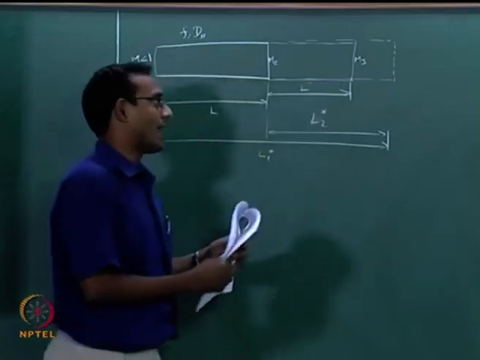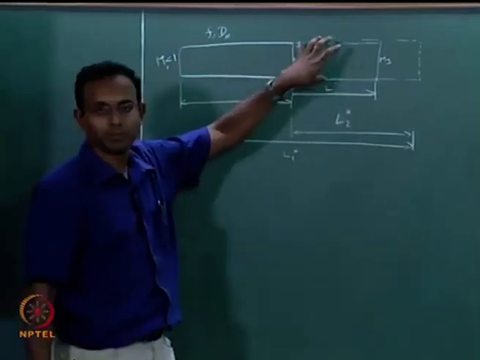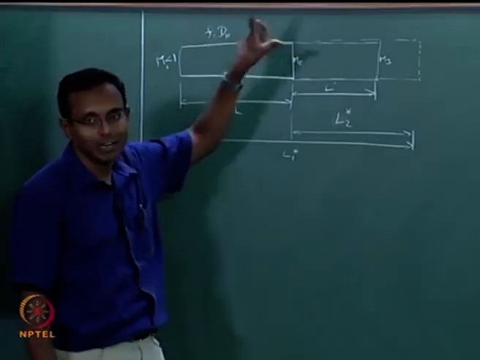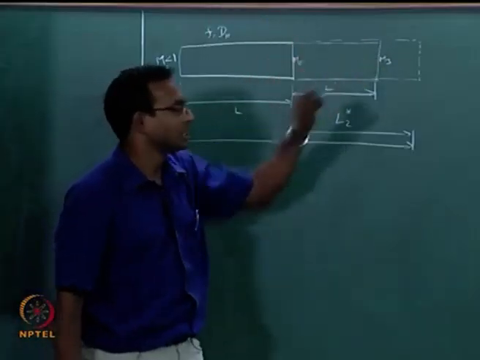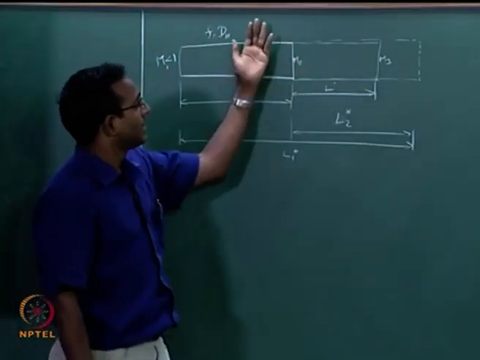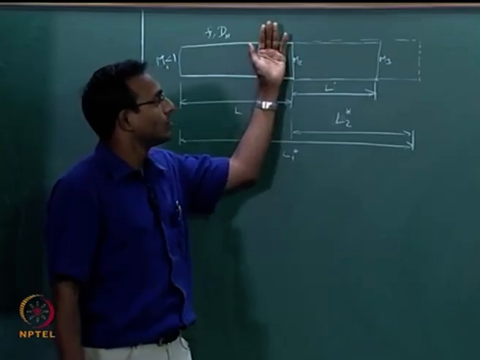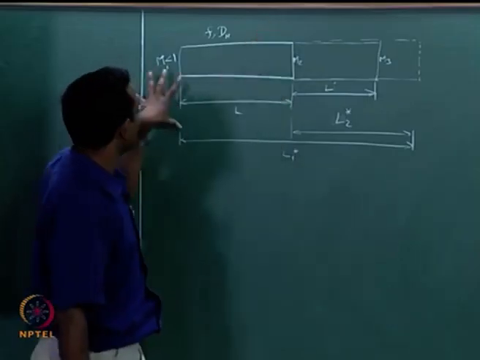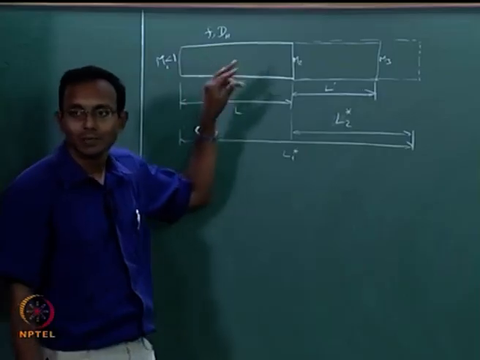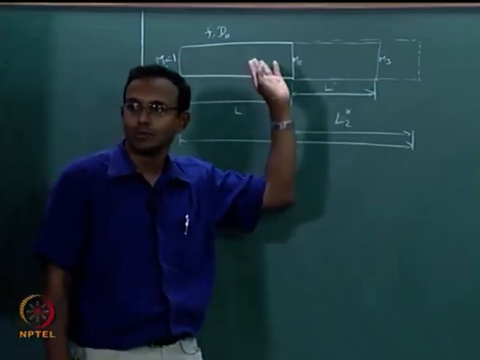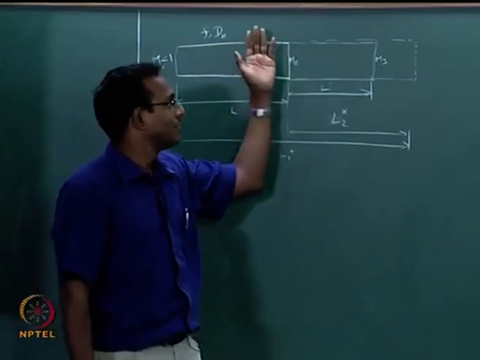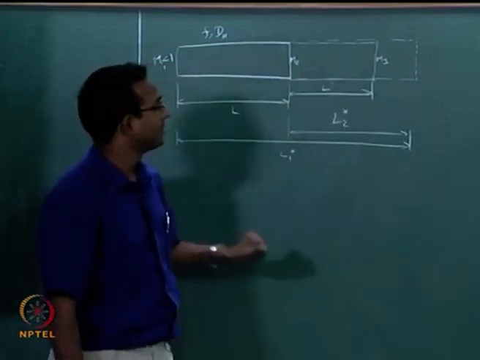I am now adding one more section of this pipe with the same f and same hydraulic diameter. Then I can just think of this problem from M2 onwards as if it is the same as the previous problem, just 1 is replaced by 2 and 2 is replaced by 3 here.